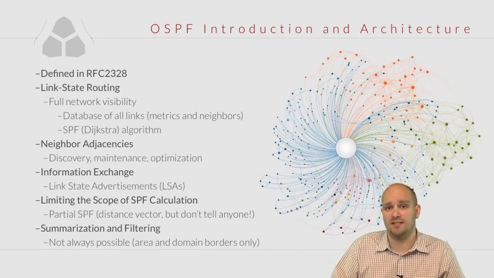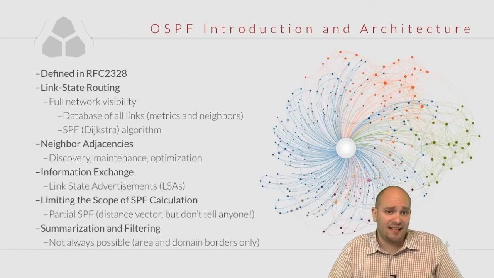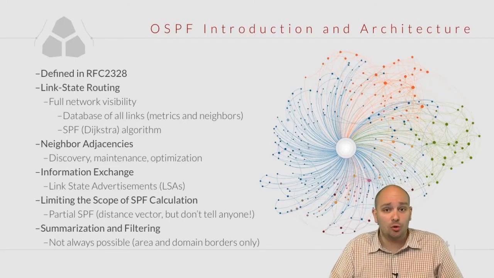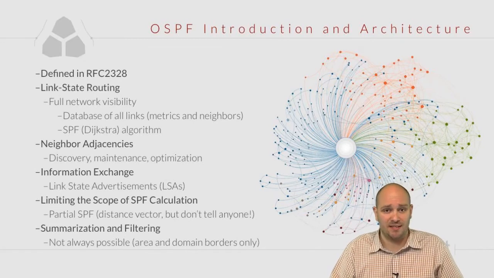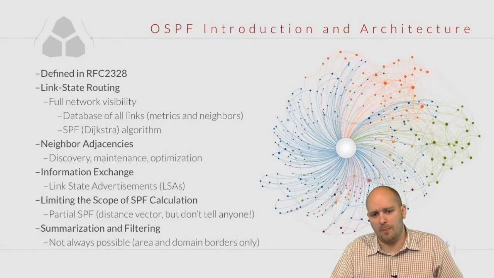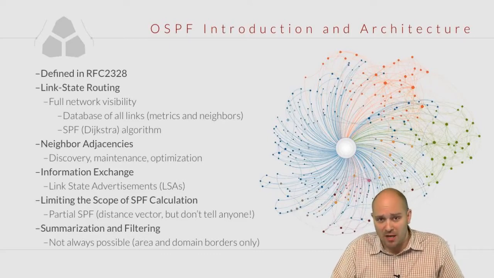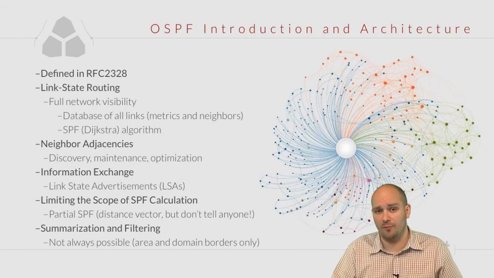Also, how these adjacencies are maintained, how the routers detect if the other neighbors are no longer available on the links, and so on. And there are also some optimizations in this neighbor maintenance and discovery process. Finally, we have the information exchange. How do OSPF routers exchange the information about what they have in their databases?